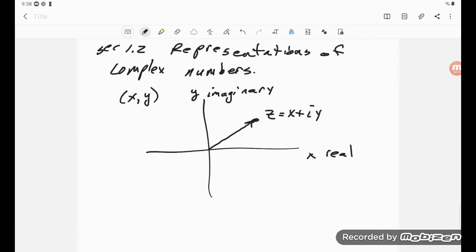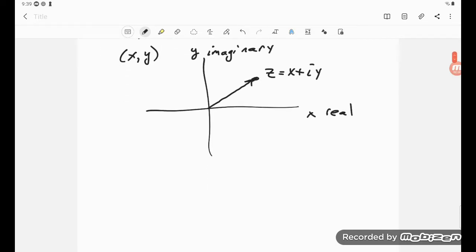But once you go to a Cartesian plane, no, you can't really do that. Now we can still talk about the size or the absolute value of something.